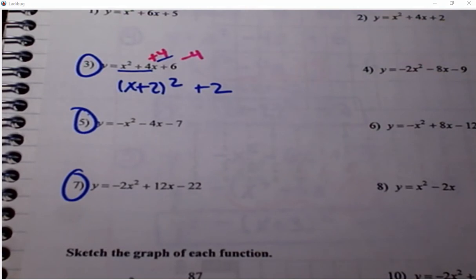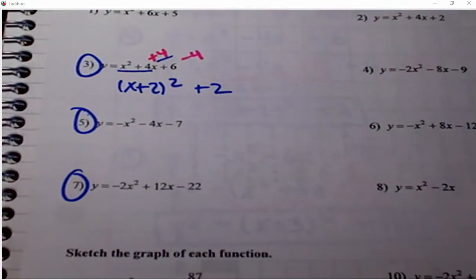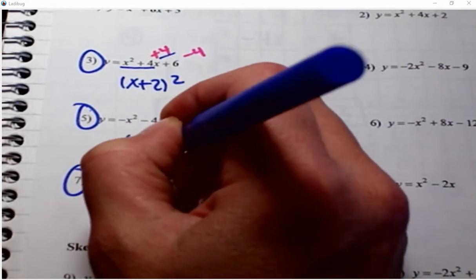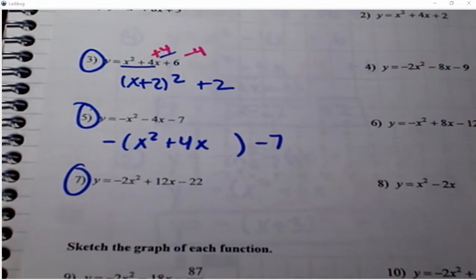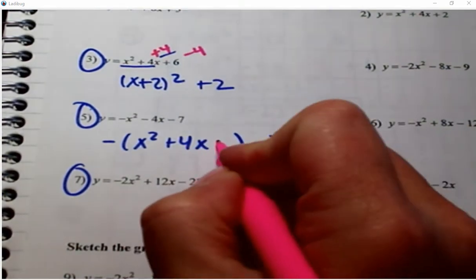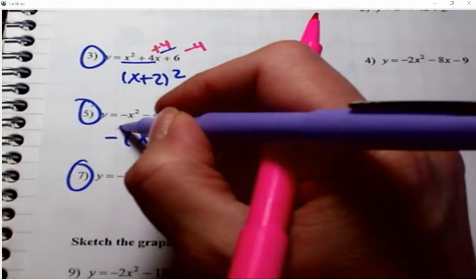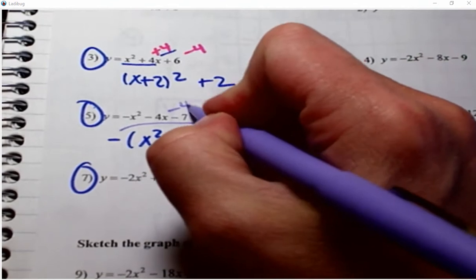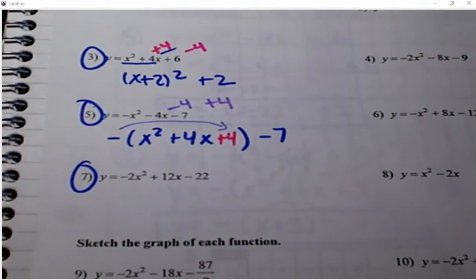Now, I'm thinking, okay, I have this negative in front, so I need to do a little bit of setup first. Okay, and then I do my work. Half it, square it. But I'm really thinking to myself, this is a minus 4, so I also have to add 4, because these numbers have to be opposites.